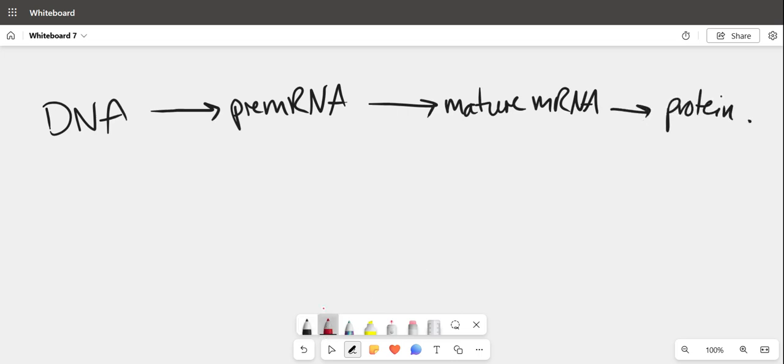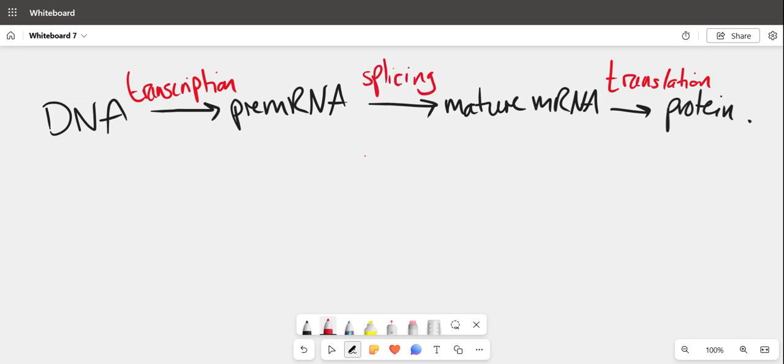This process here was transcription, which we've talked about. And this process over here was translation, which we've talked about. This process here is called splicing. And that's what I'm going to add in now as an extra level of detail.